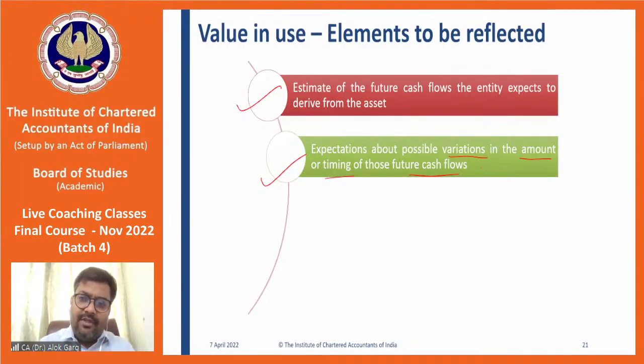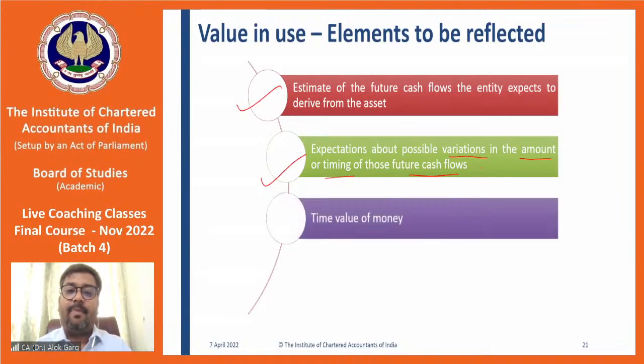But after 3 years, 4 years, probably the asset will demand some repair and maintenance. The performance of the asset may go down. So you should clearly project what could be the possible variations in the cash flow of this particular asset in terms of timing, in terms of amount. So you have to project that.